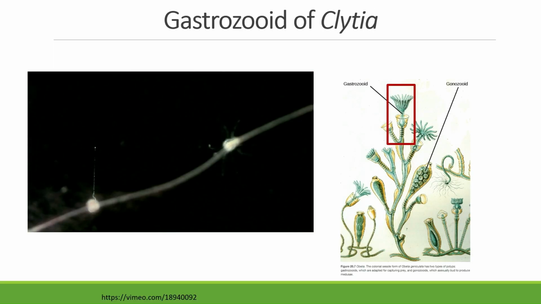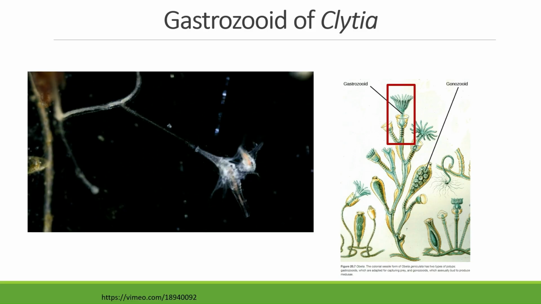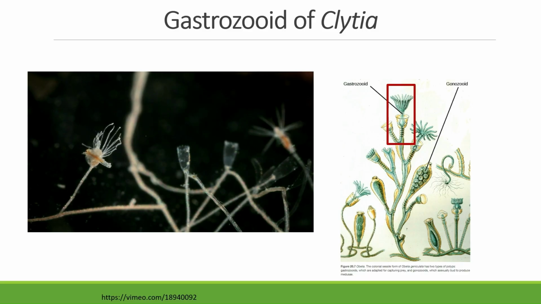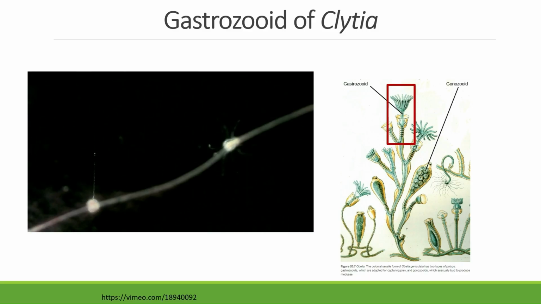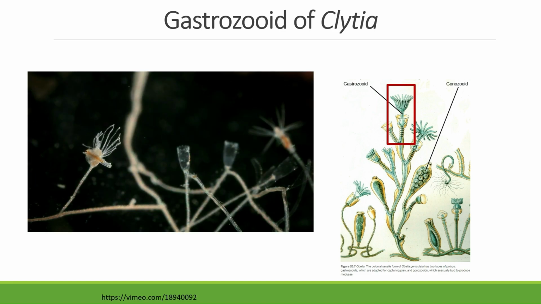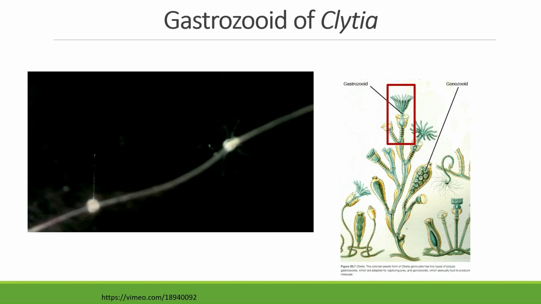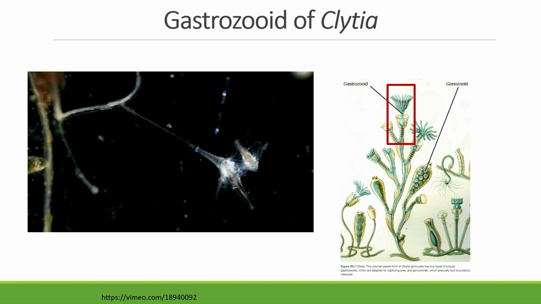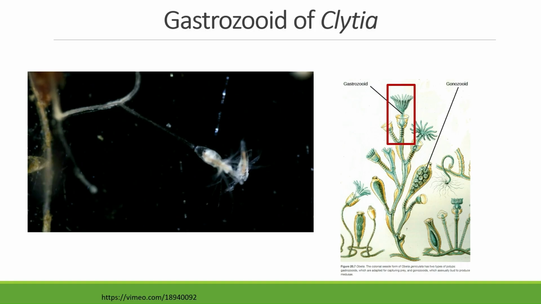And so this first example here is showing the gastrozooid that's capable of feeding on prey. We can see the tentacles capture, stun the animals, and then bring them into the central mouth, the gastrovascular cavity, to be digested.